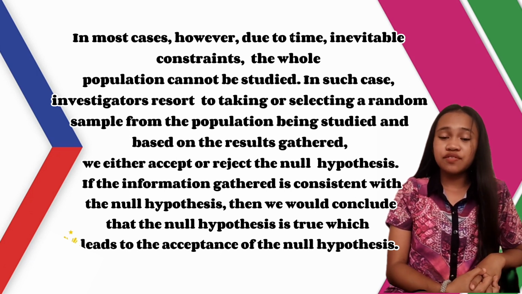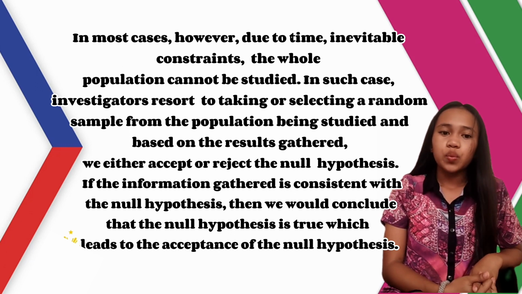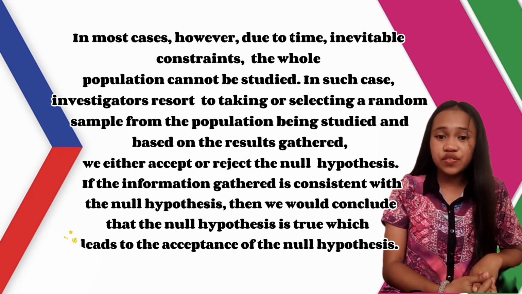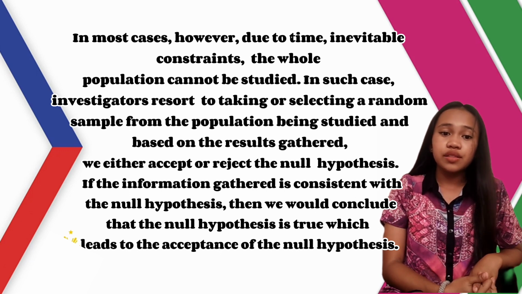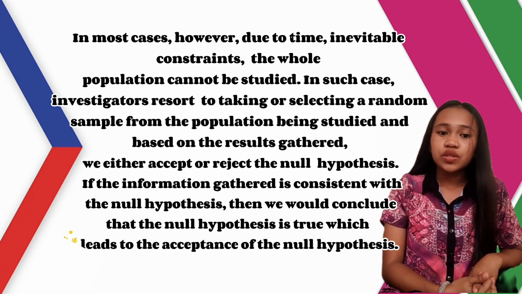In most cases, however, due to time and other inevitable constraints, the whole population cannot be studied. In such cases, investigators resort to selecting a random sample from the population being studied, and based on the results gathered, we either accept or reject the null hypothesis. If the information gathered is consistent with the null hypothesis, then we would conclude that the null hypothesis is true, which leads to the acceptance of the null hypothesis.